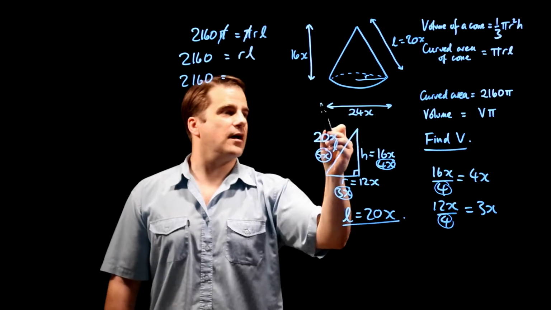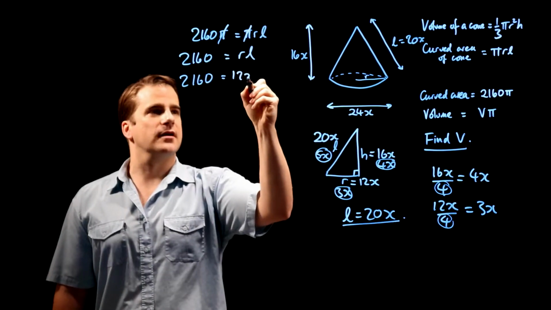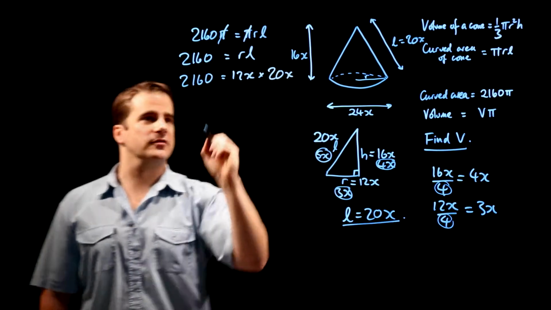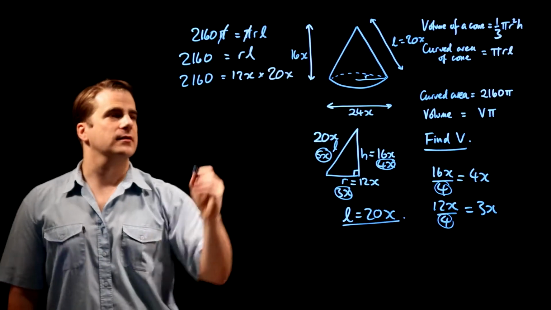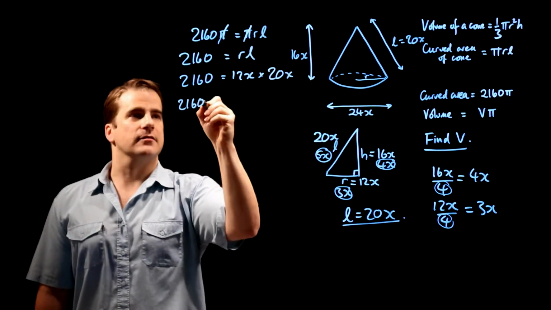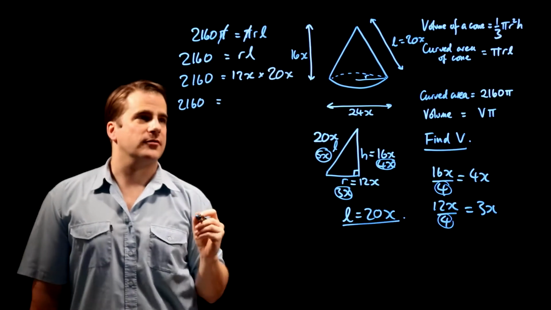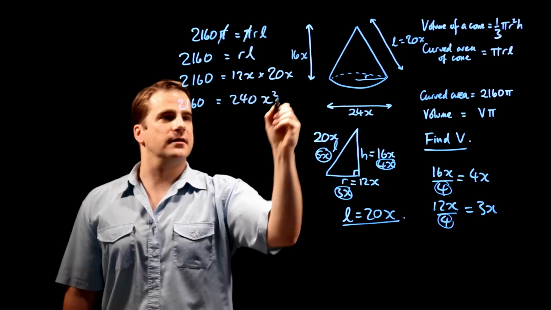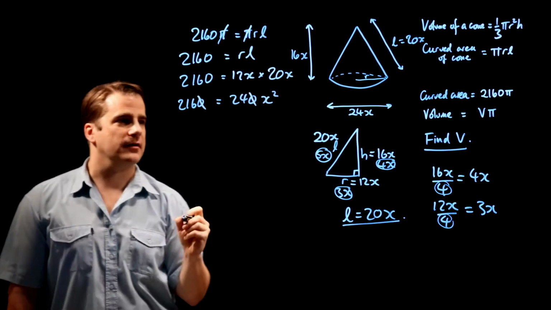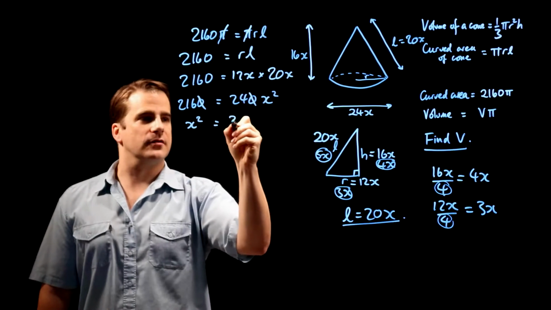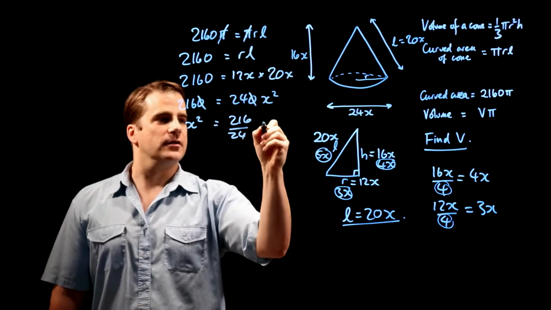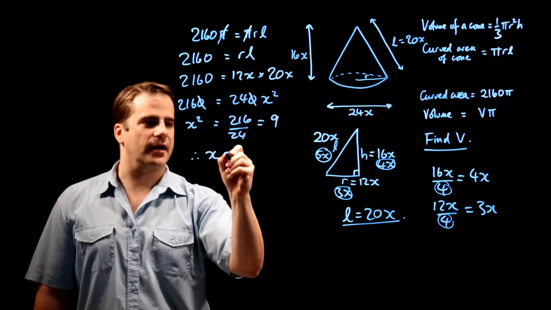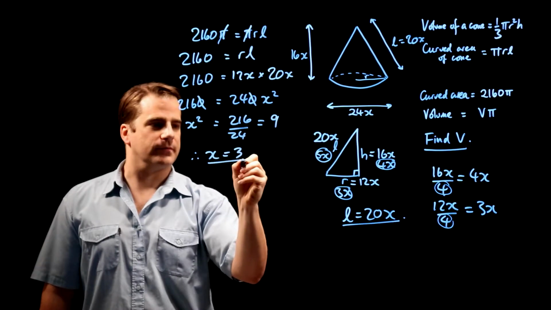Radius is 12x, half of 24x. What's L? L is 20x. So 2160 is 12x times 20x. Therefore 2160 equals 12 times 20, which is 240, times x times x, which is x squared. So x squared is 2160 over 240, which is 9. X can't be negative, so we'll take the positive solution. Therefore x is 3. Good, we've got x.